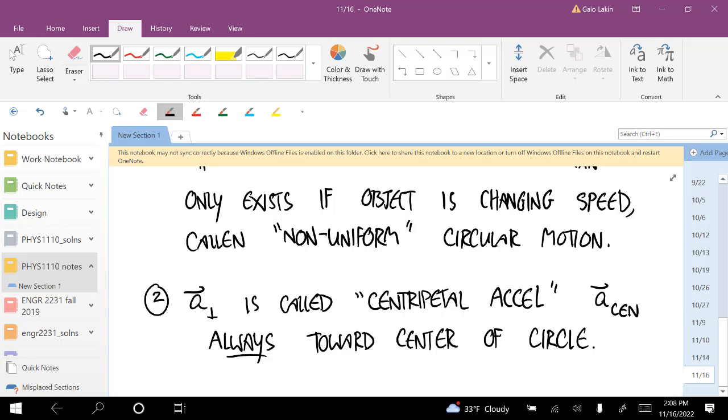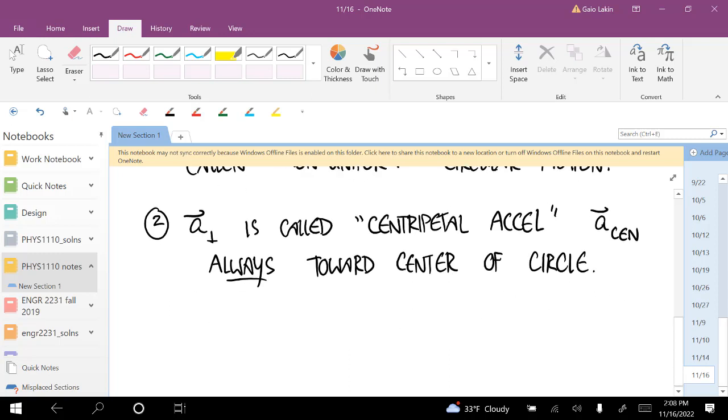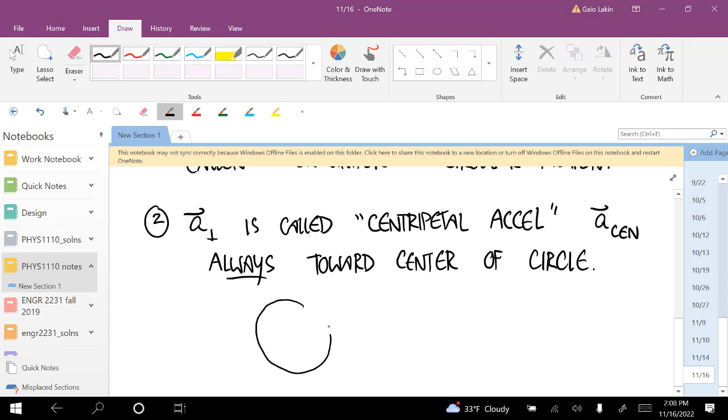Picture a spot in a circle. I'm going to pick the bottom, okay? The velocity is tangent to the circle, so like this. The perpendicular acceleration is perpendicular to that, and so it's pretty intuitive that it's pointing toward the center of the circle, okay?